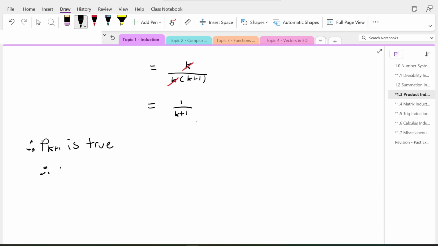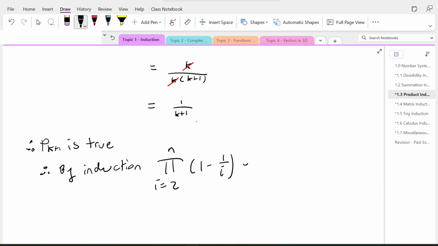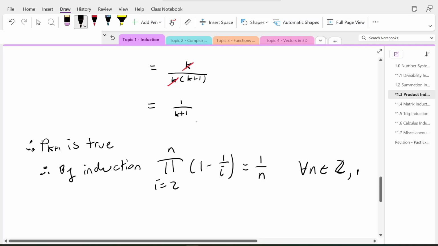And therefore, by induction, we have that the product of i equals 2 up to n of 1 take 1 over i is just the same thing as 1 over n for all n in Z with n greater than 2. I might just do that with a little comma. n greater than 2. Done.